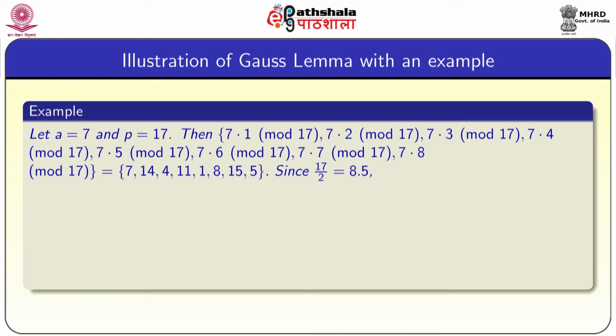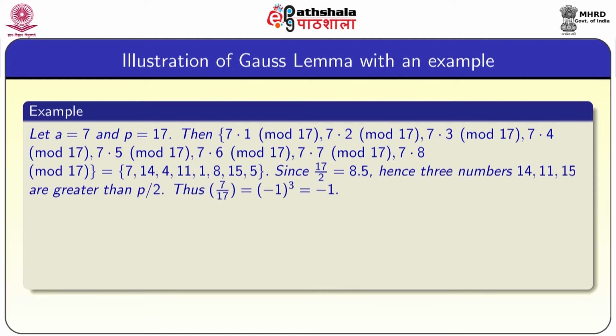So, if you consider these numbers, these are equal to 7, 14, 4, 11, 1, 8, 15, 5. Since 17 by 2 is 8.5, we went up to 8 only. Hence, these 3 numbers 14, 11, 15 are the only ones greater than p by 2.